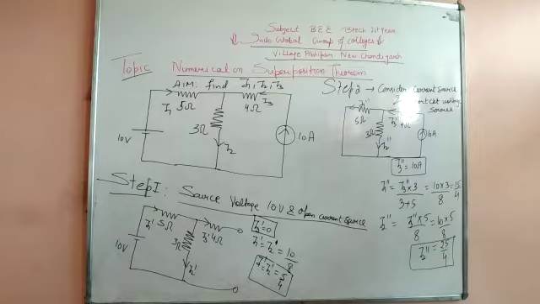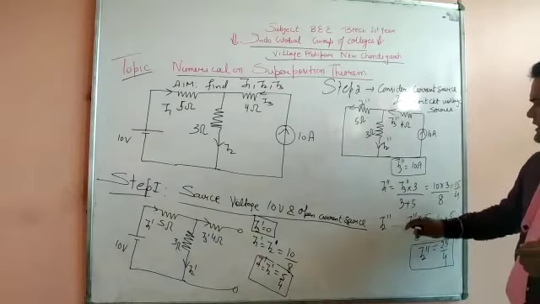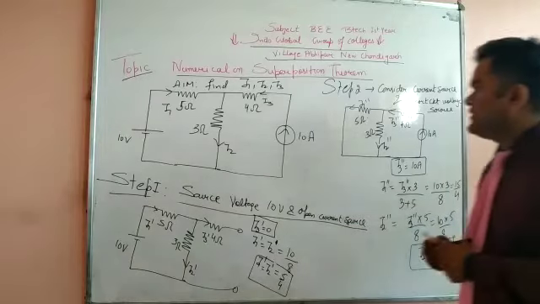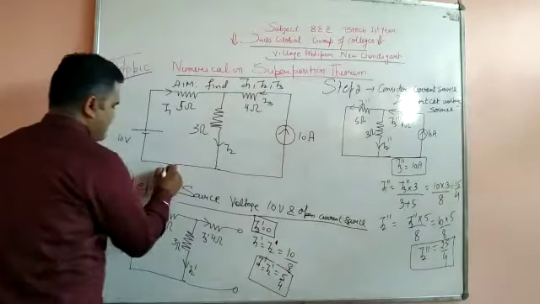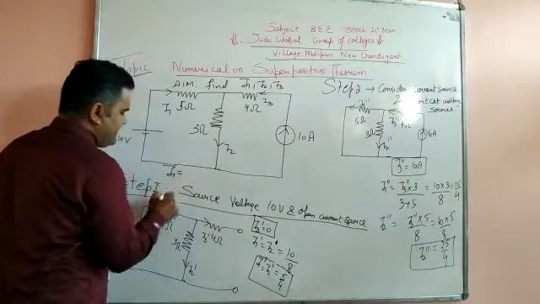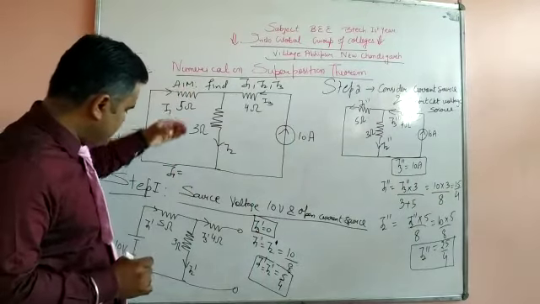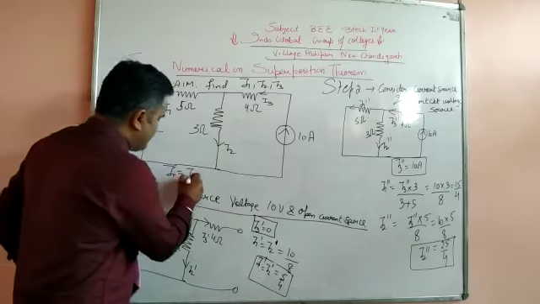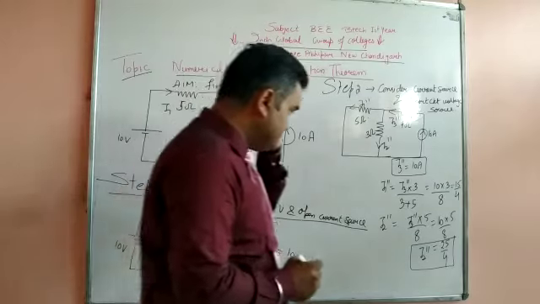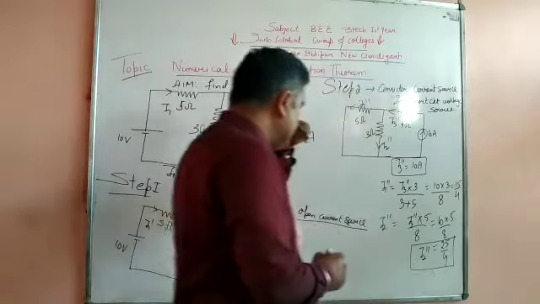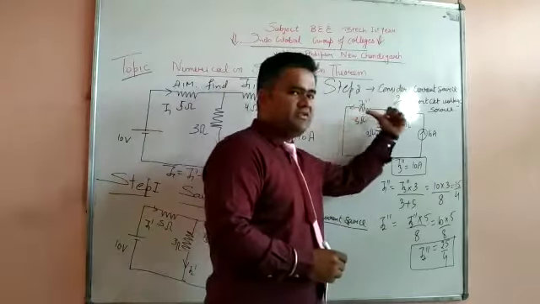Now this is the value of I1 double dash, I2 double dash and I3 double dash. Now what is our aim? What is I1? I1 dash is in this direction, and I1 double dash is in the opposite direction, as you are seeing.